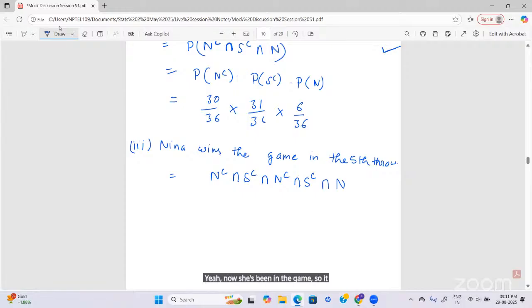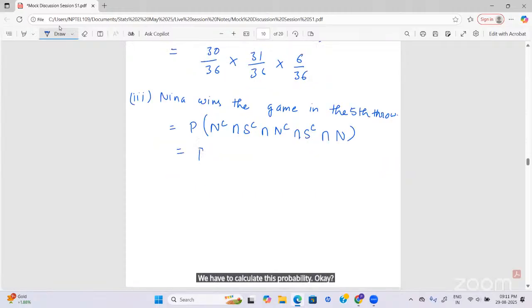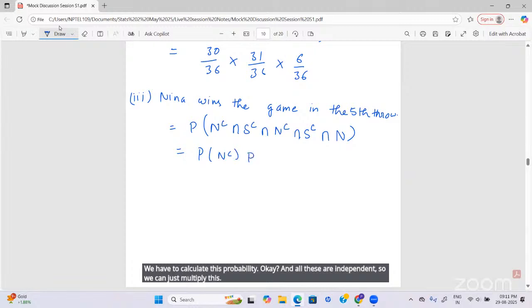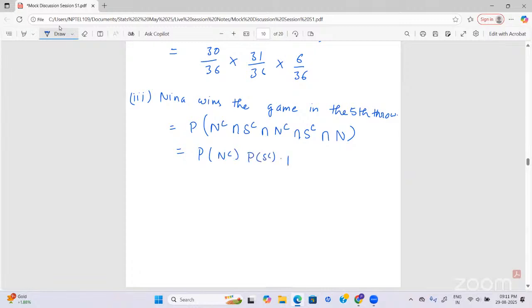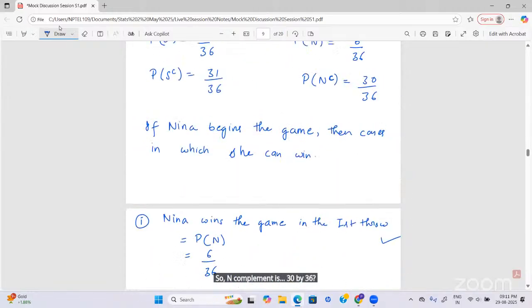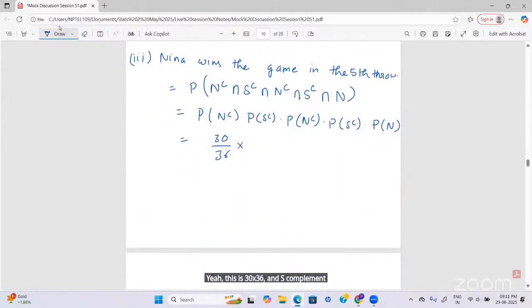So it will be N. We have to calculate this probability. And all these are independent, so we can just multiply. N complement is 30 by 36, and S complement is 31 by 36, and this will be 6 by 36.